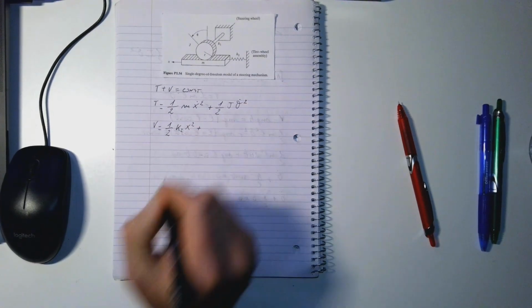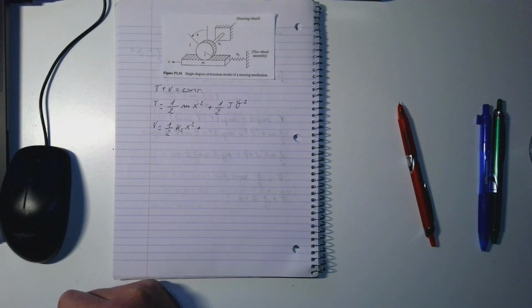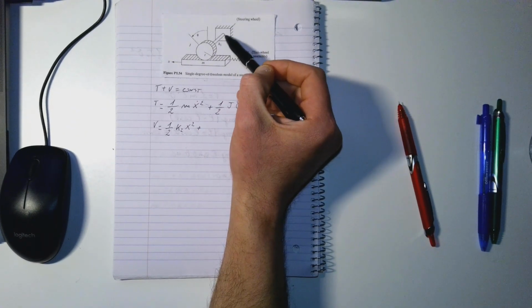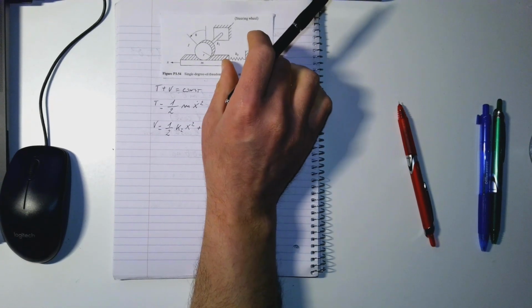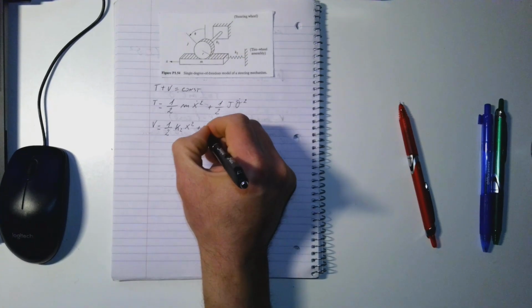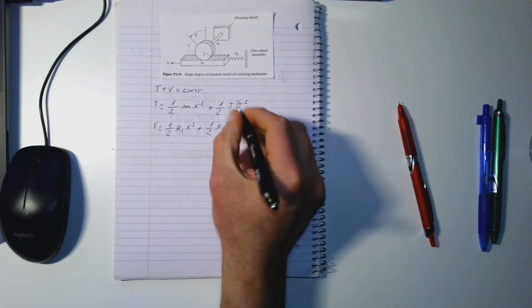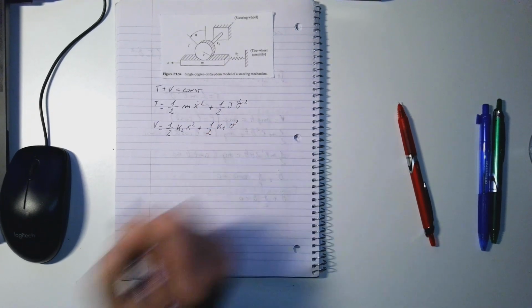And then we have to add the other elastic potential contribution, which is from this rod here. So we have 1 over 2 k1 theta squared.